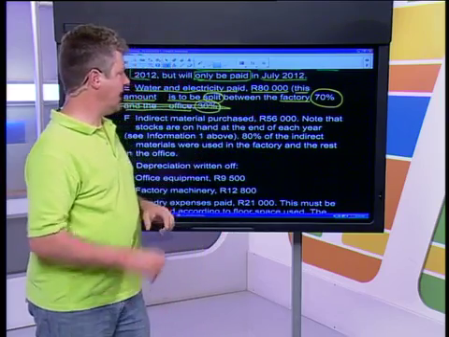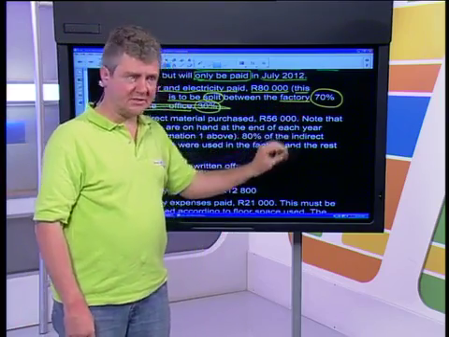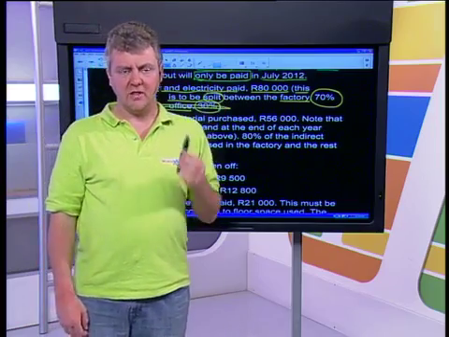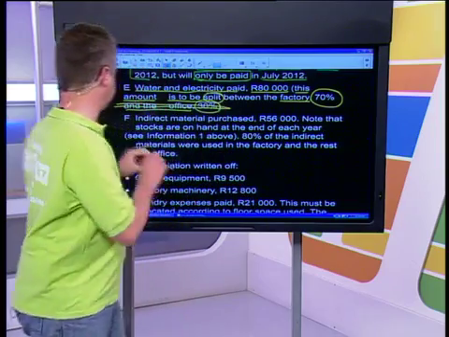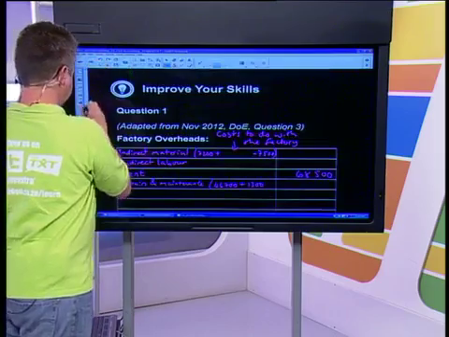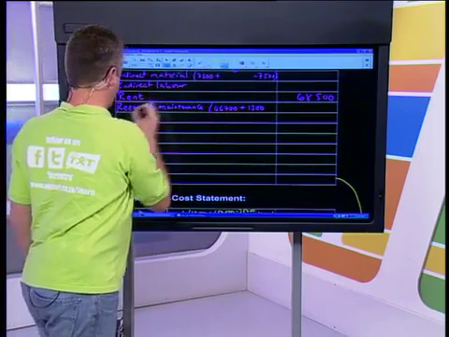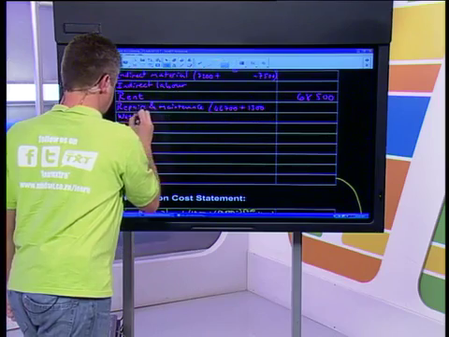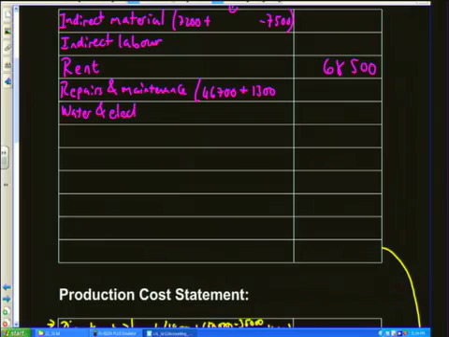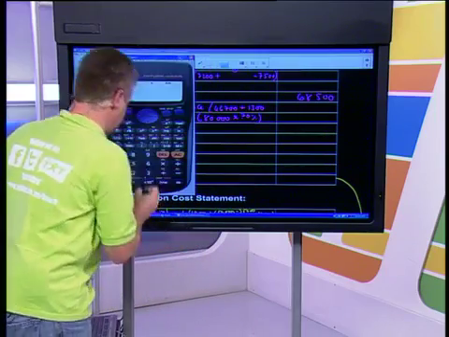So all we need to calculate is how much is this 70% of the 80,000 that was paid for water and electricity. So the way we're going to do it is we're going to write an item water and electricity, and we're going to do the calculation. It was 80,000 rand, but we're only going to work out 70% of it because the remaining 30% was, as we've said before, an office expense. So let's do that and see what needs to happen.